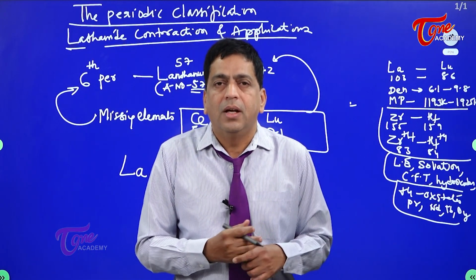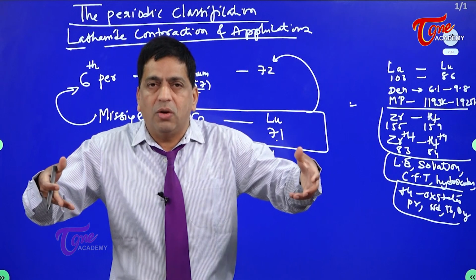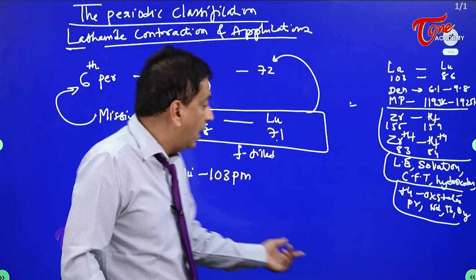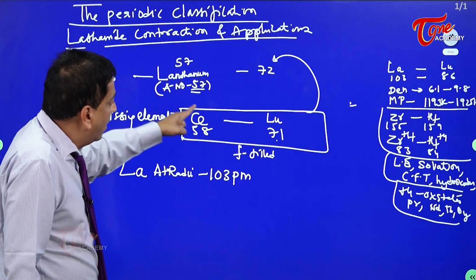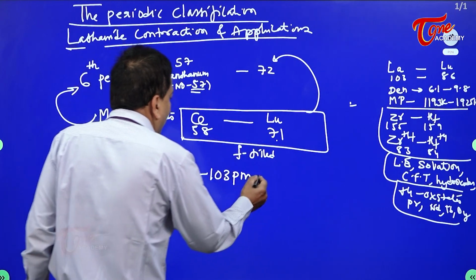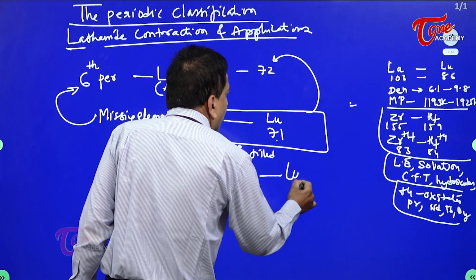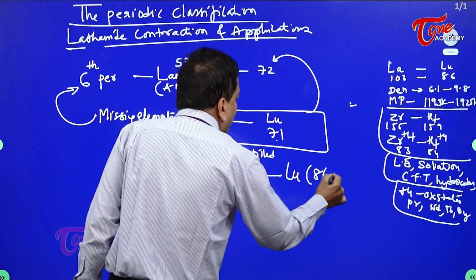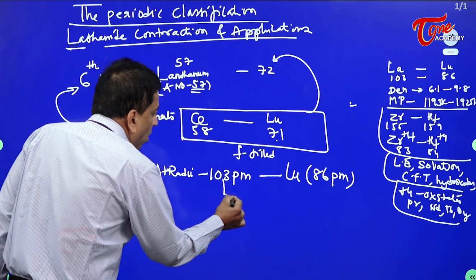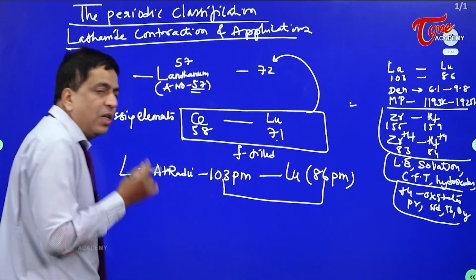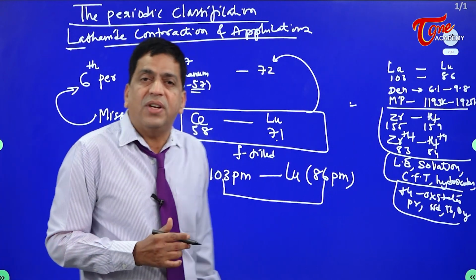Please understand that. The atomic radius of lanthanum is 103, and if you go to lutetium, you can see it drops to 86 picometers. So it's a drop from 103 picometers to 86 picometers, which is significant.